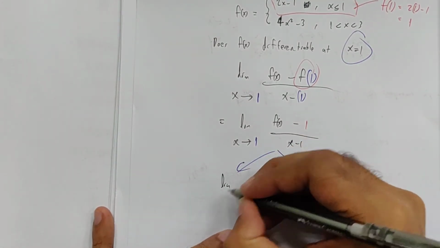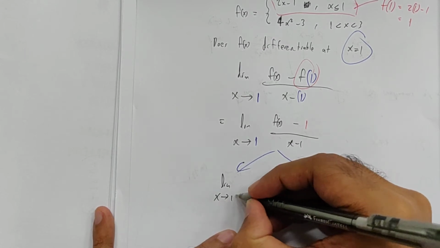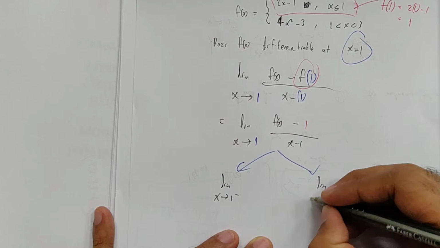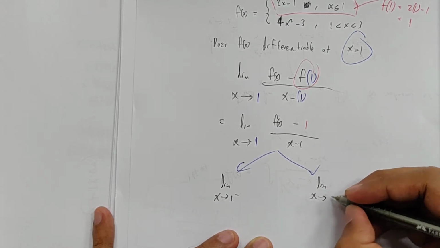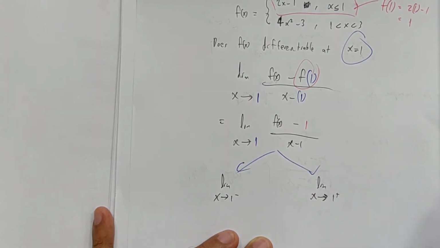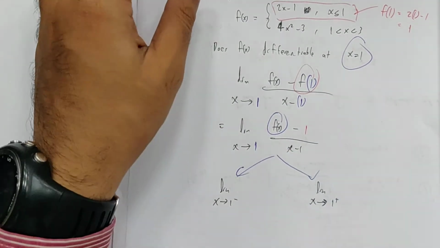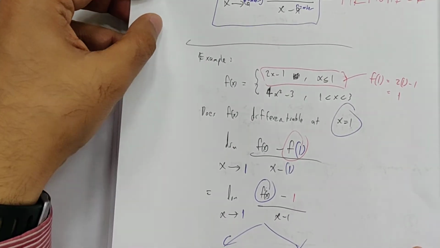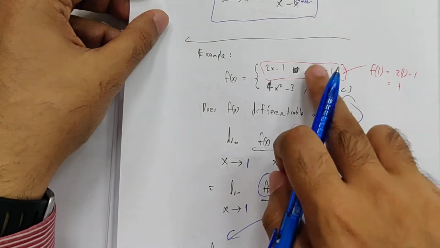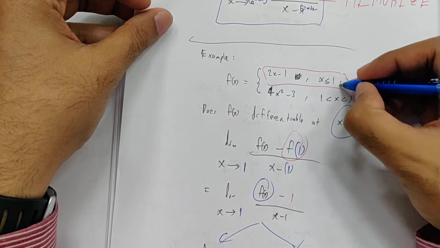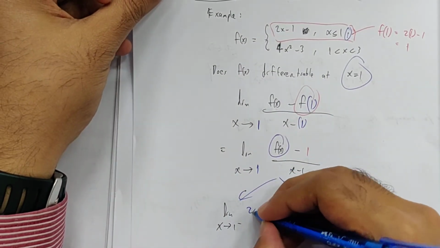Limit x approaching 1 from the left. Another one is limit x approaching 1 from the right. If from the left, f(x) should be what, first or second? First. Left is less. So 2x minus 1.